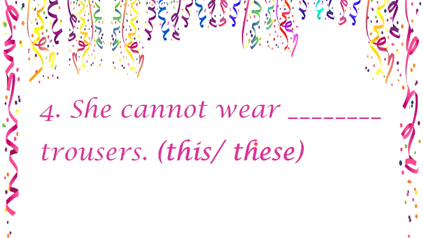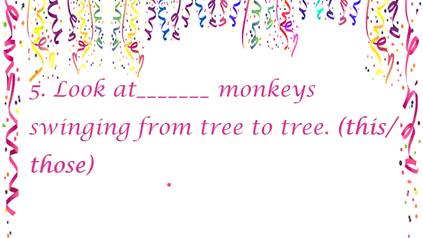Yes, now it should be simple for you. For a plural noun we use a plural demonstrative adjective. So it should be, she cannot wear these trousers. Next we have, look at dash monkeys swinging from tree to tree. Now just see what we are using the adjective for.